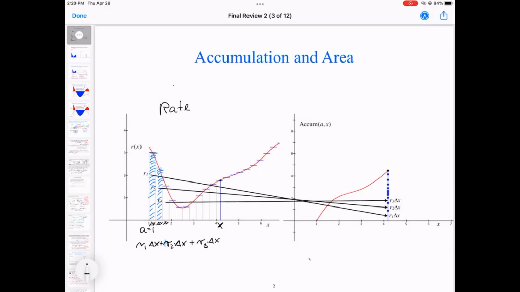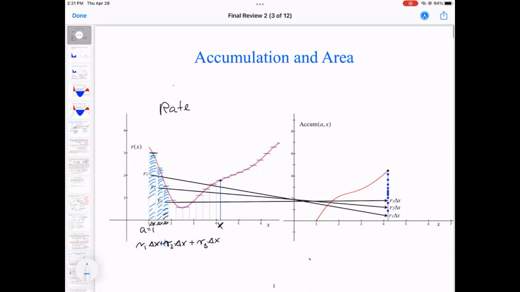As you add those up, you find out how much the car traveled from here to here. So we accumulate bits of little distances. Geometrically, each is the area of a rectangle. So it's the sum of the areas of the rectangles created on the rate graph.